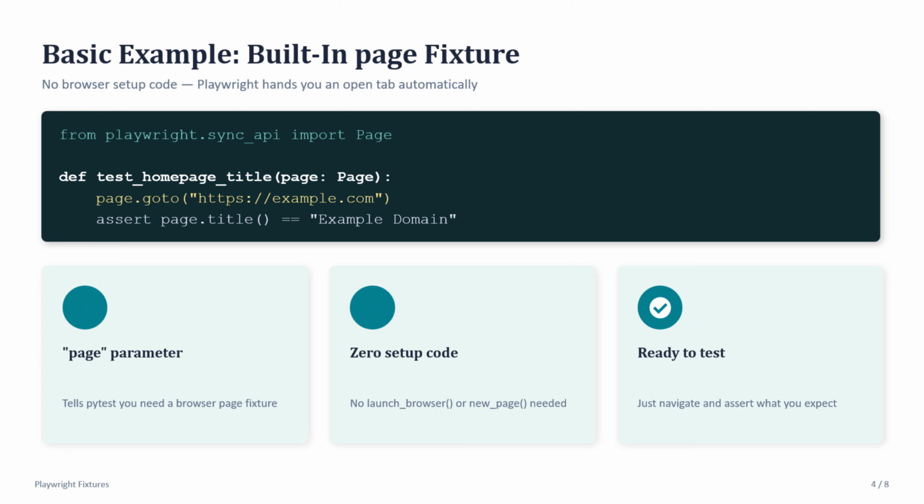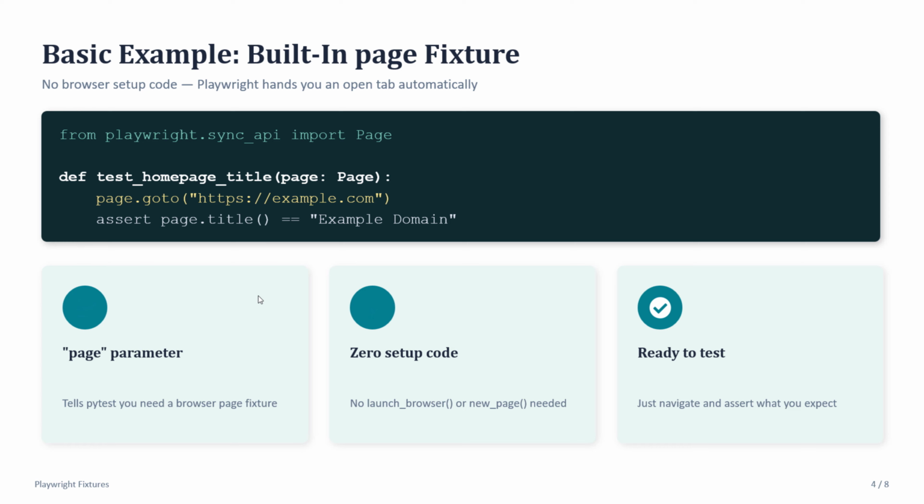Now, how this happens automatically is basically because of this page fixture over here. Again, this is a built-in, and you need to pass page as a parameter. Once you pass this into your test as a parameter, it tells pytest you need a browser page fixture. This is why we need to pass it over here.